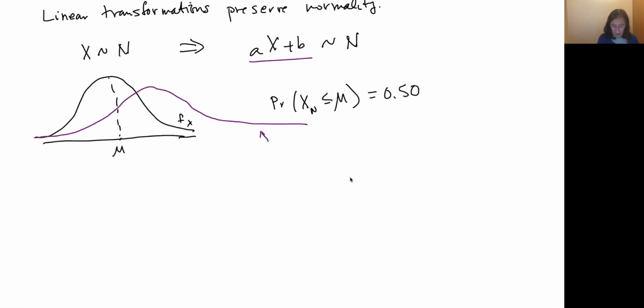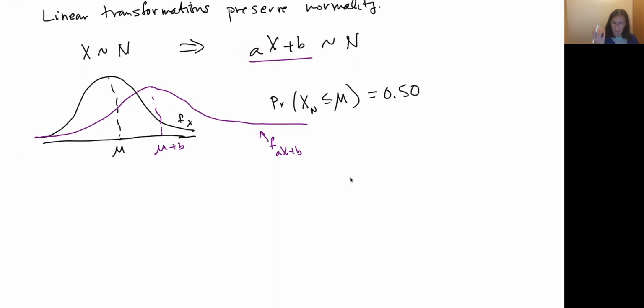That is the PDF of aX plus b. This difference that it shifts here will just be b. And it got flatter because a greater than 1 is going to increase the variance.